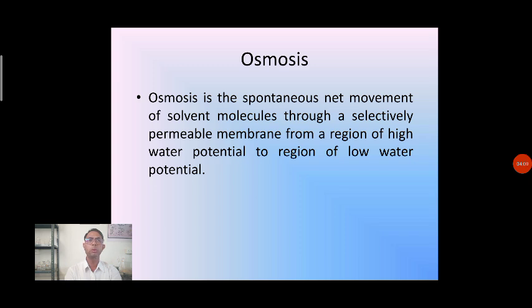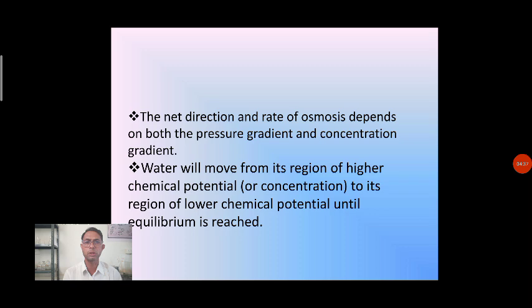So the movement of the molecule from high water potential to low water potential is the most important thing which takes place in osmosis. The water molecule is also most importantly required in osmosis. Osmosis is related to the movement of water molecules from a region of high concentration to a region of low concentration.